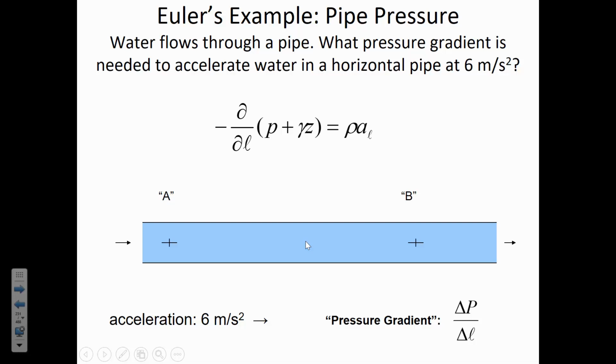So it's negative 6,000 newtons per meter cubed, or a Pascal is a Newton per meter squared, right? So we can further break this down and say it's negative 6,000 pascals per meter.